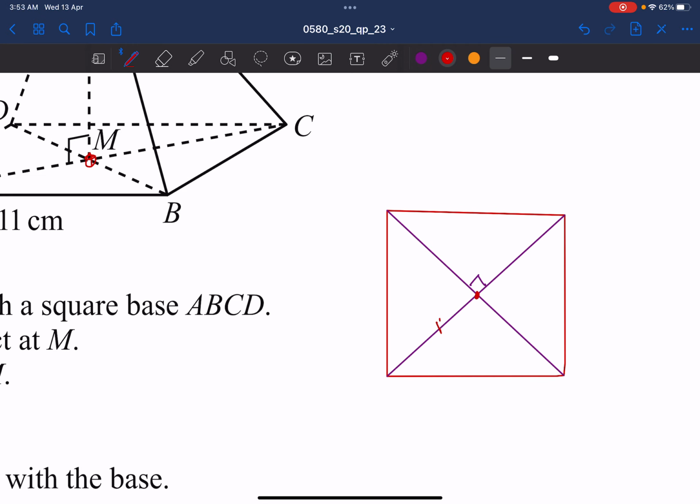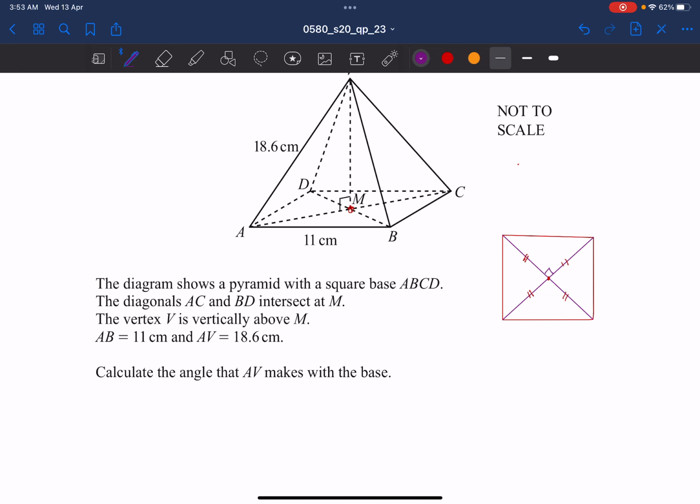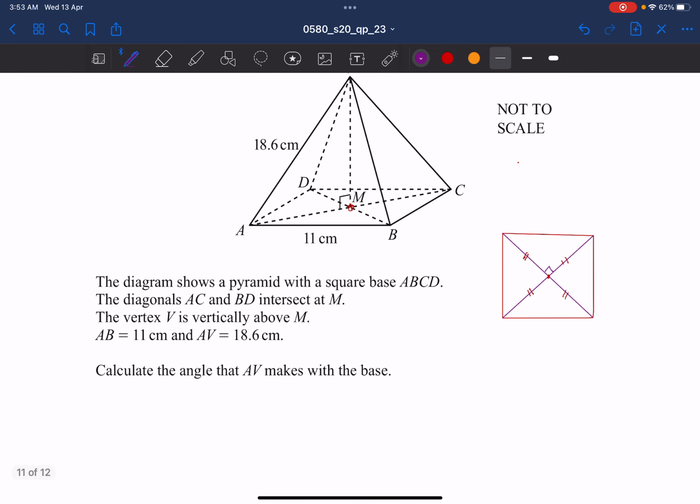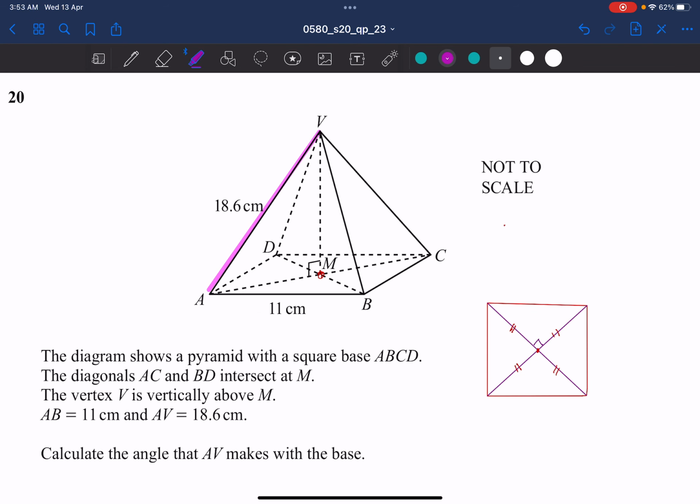This length equals this length, and this length equals this length. In fact, these four have the same length. Alright, so calculate the angle AV makes with the base. So what we want is this angle.